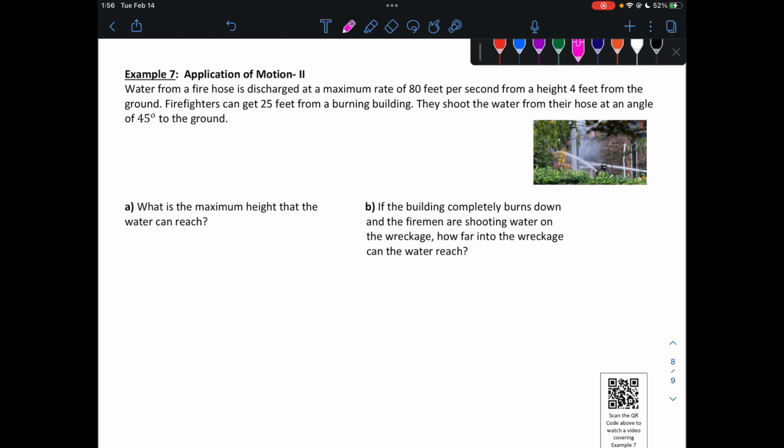All right, first of all, let's write an equation for R. It's going to be 80, that's the feet per second, cosine 45 t i plus negative 16 t squared plus 80 sine 45 t plus 4 j, 4 being the height that the hose is above the ground.